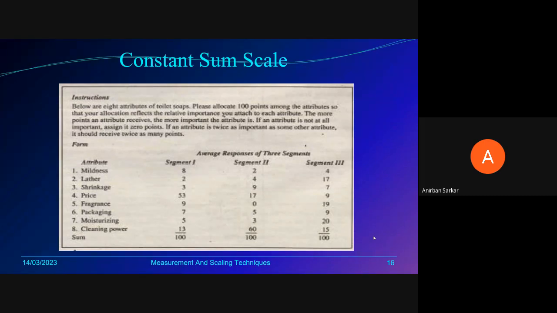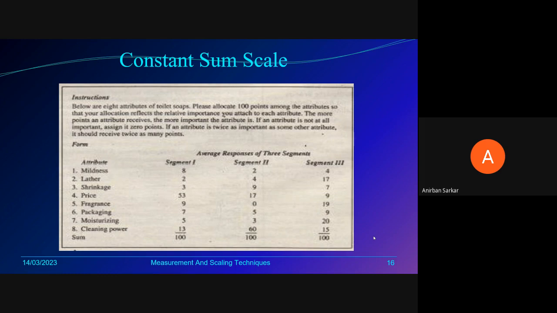But in case of preferences, behaviors, attitudes or perceptions, mostly it will be ordinal data, maybe interval data if you have used this 100 points in a balanced manner.